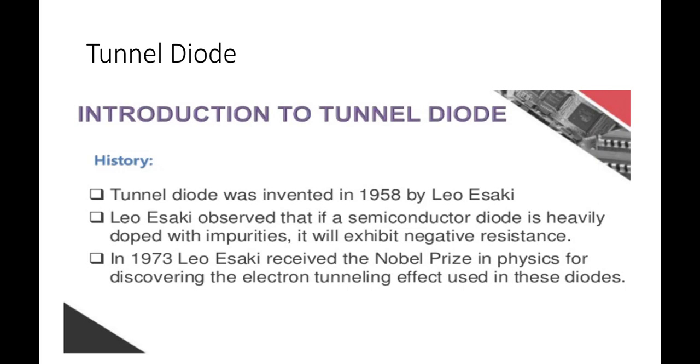First of all, the history of the tunnel diode. The tunnel diode was invented in 1958 by Leo Esaki. Esaki observed that if a semiconductor diode is heavily doped with impurity, it will exhibit a negative resistance.